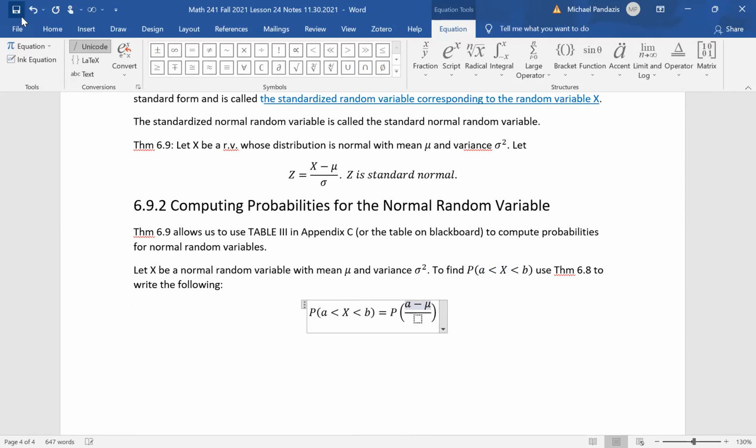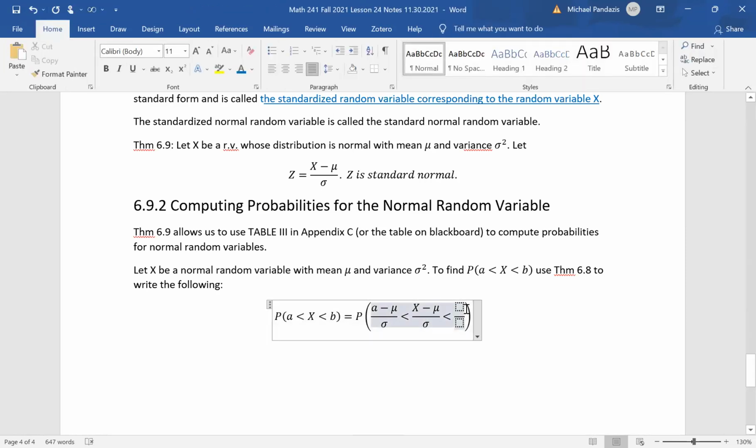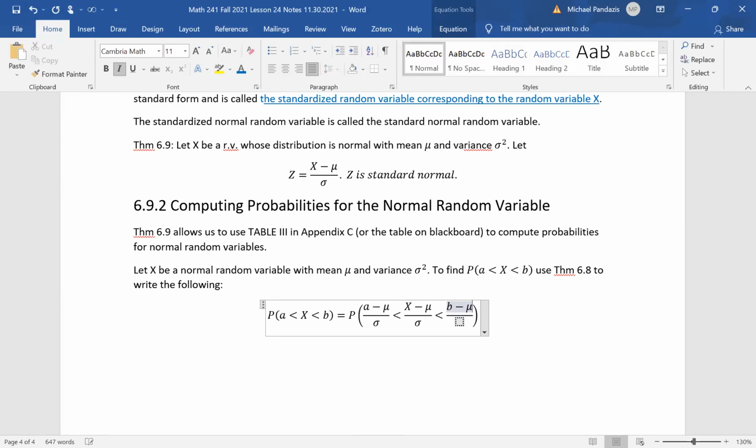If you subtract mu and then divide by sigma for each of those inequalities, you get this. The set of x values that satisfy these two inequalities is the same exact set of x values that satisfy those two inequalities. We're just writing equivalent inequalities, right?